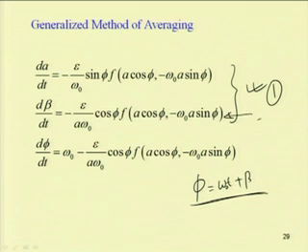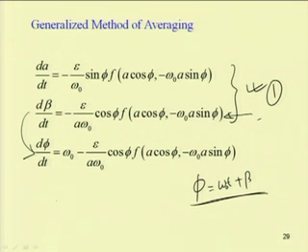Similarly, d beta by dt equal to minus epsilon by A omega 0 cos phi into f, where we have written this d beta in terms of d phi. So, d phi by dt equal to minus omega 0 minus epsilon by A omega 0 cos phi f (A cos phi minus omega 0 sin phi).